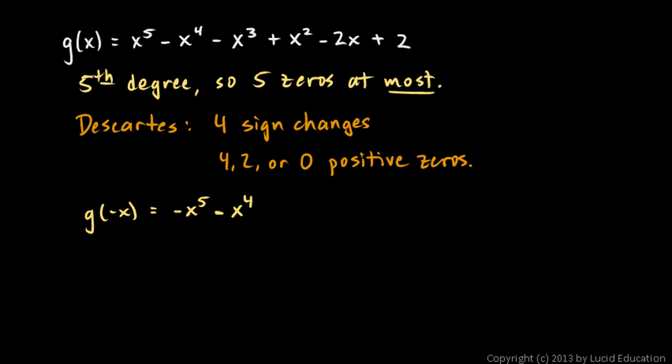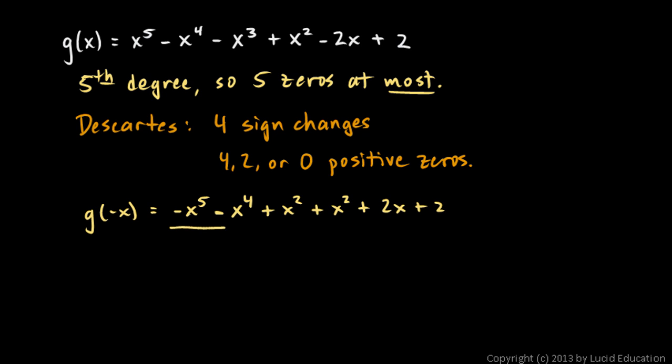But a negative x in the cubed term gives a sign change, so this would be a plus x cubed. Then it's a plus x squared because the even power keeps it positive, and the negative x becomes a plus 2x plus 2.